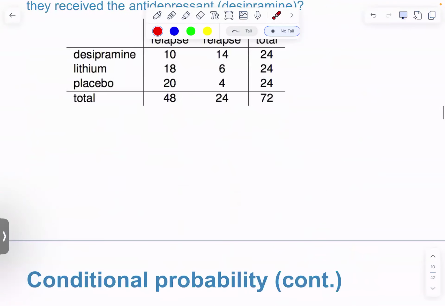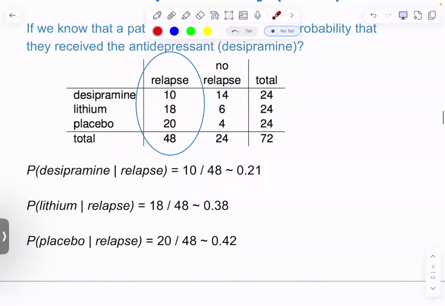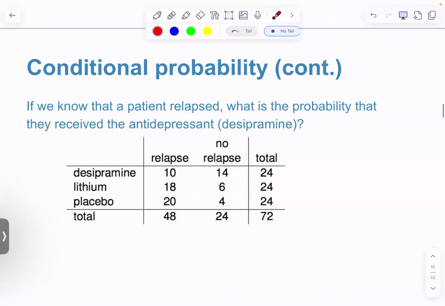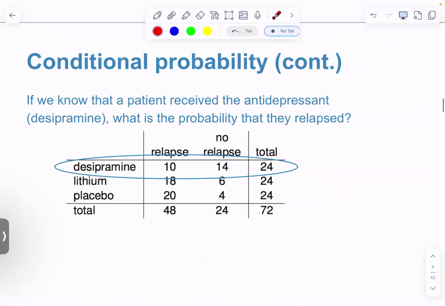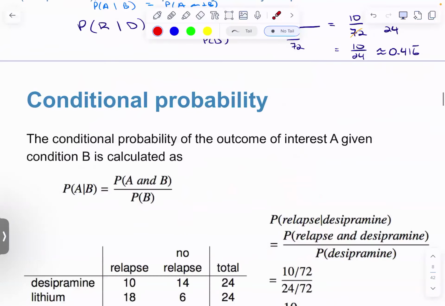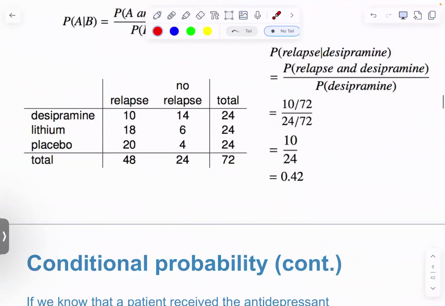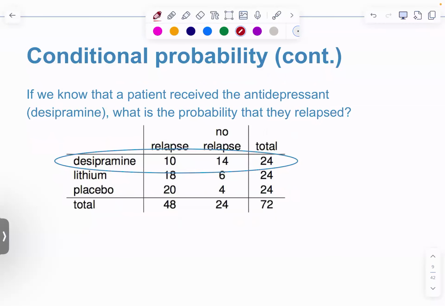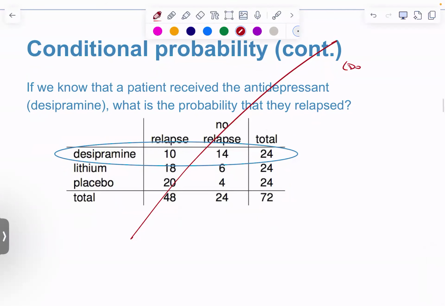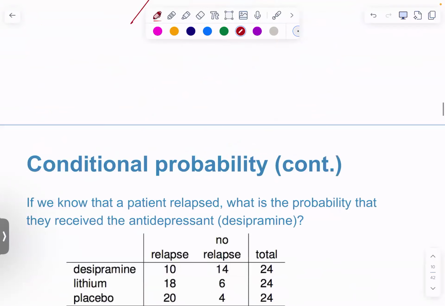I feel like we just did this, didn't we? What's the probability? Oh yeah, this is the one I wanted to do earlier.